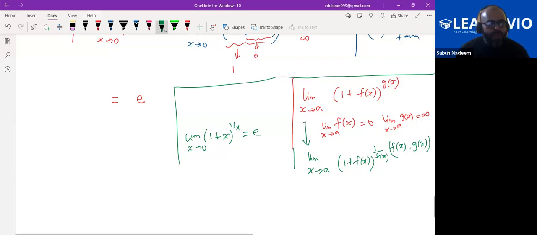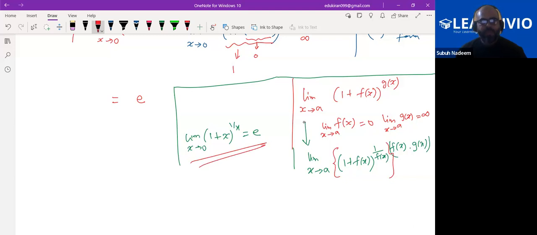Now this 1 plus fx to the power 1 by fx is resembling this one. So we can say that this is equal to e to the power fx into gx, right? Where limit x is approaching a.